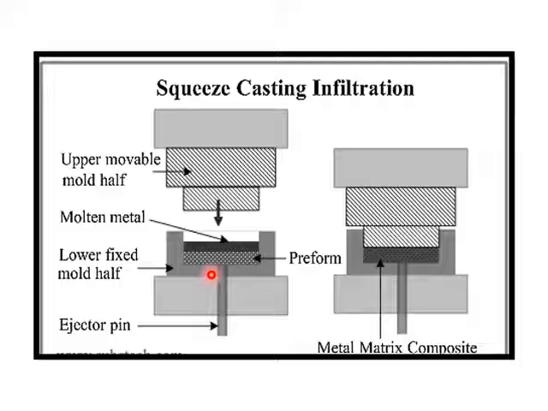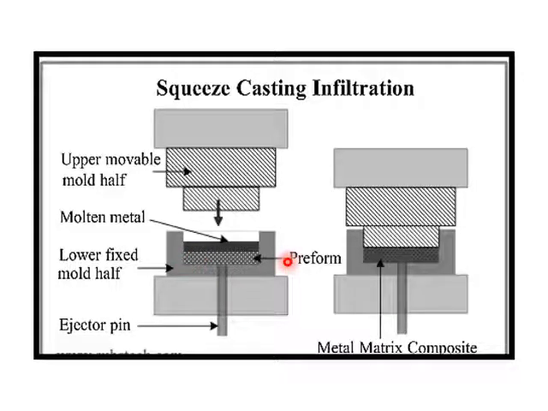Then this whole die is heated to a particular temperature, depending upon the matrix and the reinforcement which we normally use. The downward force will force the liquid material to penetrate into the preform or the fiber which is placed underneath.